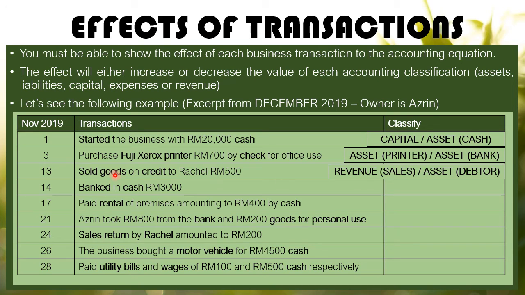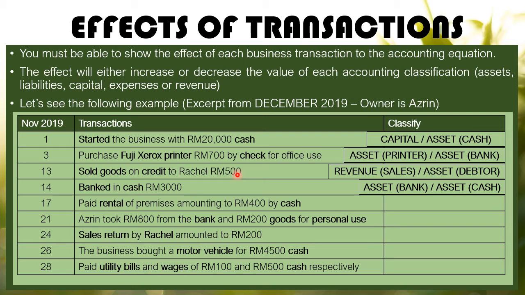Sebab bila saya jual inventory, dia akan menghasilkan jualan. Remember I told you, kita jual barang kepada customer, revenue bertambah. Okay, and then asset kita pun akan bertambah, iaitu debtor kita lah. Bila Rachel berhutang dengan kita, asset kita bertambah, tapi dalam item debtors.